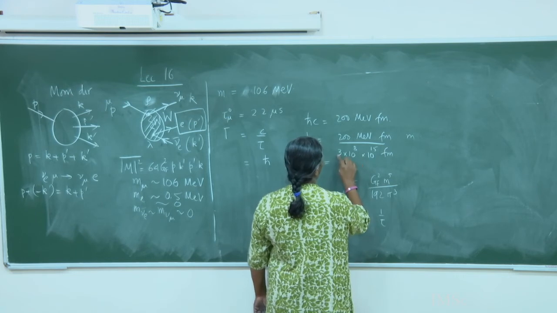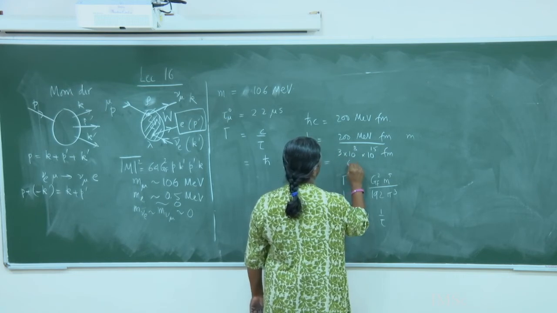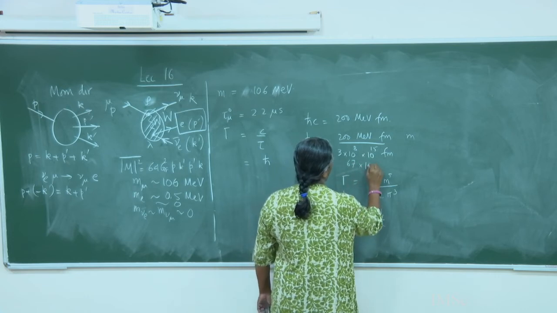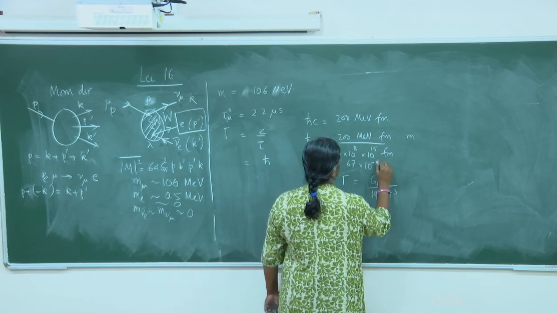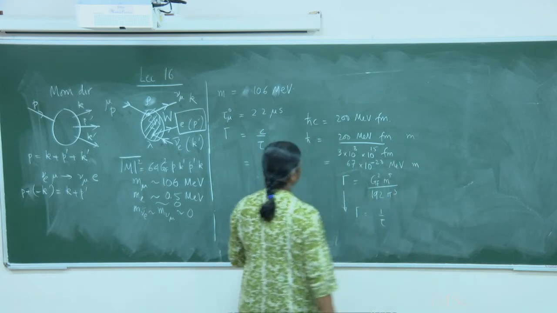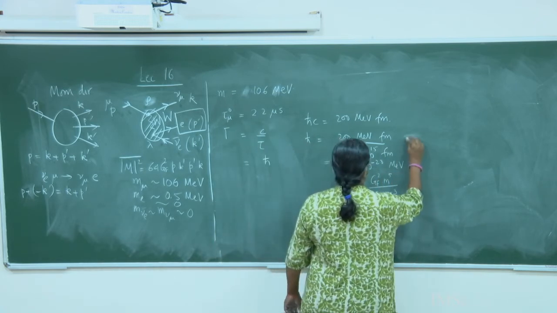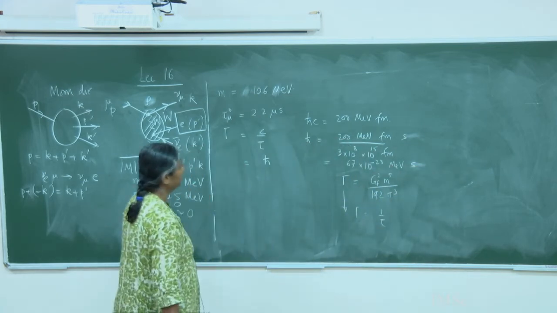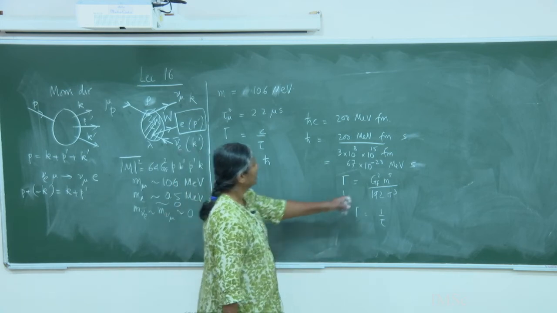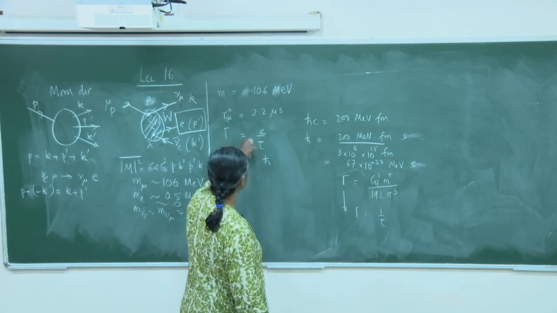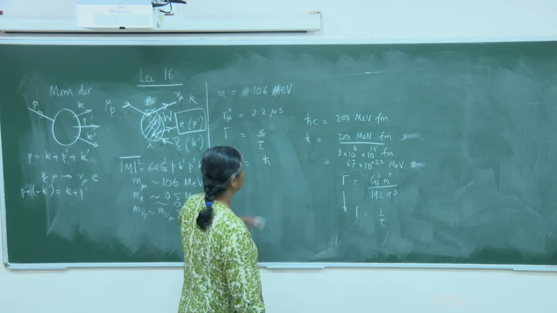So let me just write 3 by 200 as 67 into 10 power minus 23 MeV second. Sorry, second. The whole point was to convert it into seconds, right? So if I have tau in seconds, then gamma is in MeV and vice versa, right?